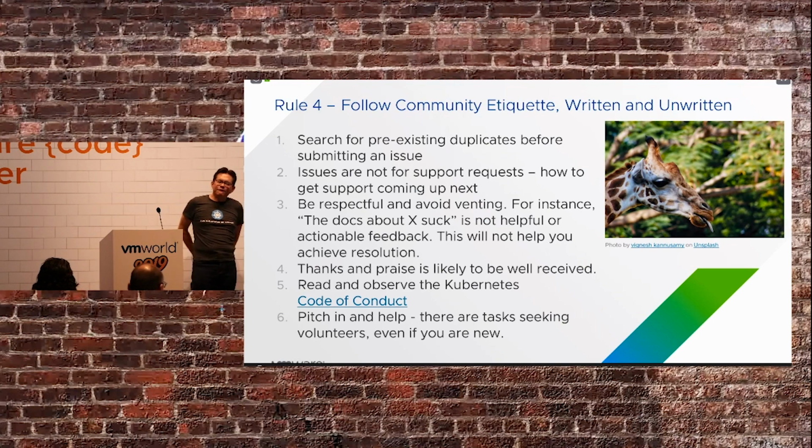These issues are not for support requests, so if it's clearly a bug, fine. But if you're just confused and you don't know how this is done, you don't open up a GitHub issue for that kind of thing. I have some slides that explain the proper way to do this, but you will actually irritate people if you use opening issues as a mechanism to simply get support requests in, particularly when they're support requests of the nature of not even reading the documentation.